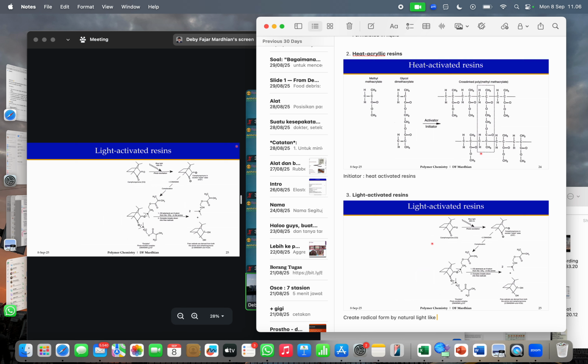However, here we use blue light, specifically blue light, because it has the exact amount of energy needed to create the radical forms of camphor quinone, which further initiate the chain reaction of polymerization.